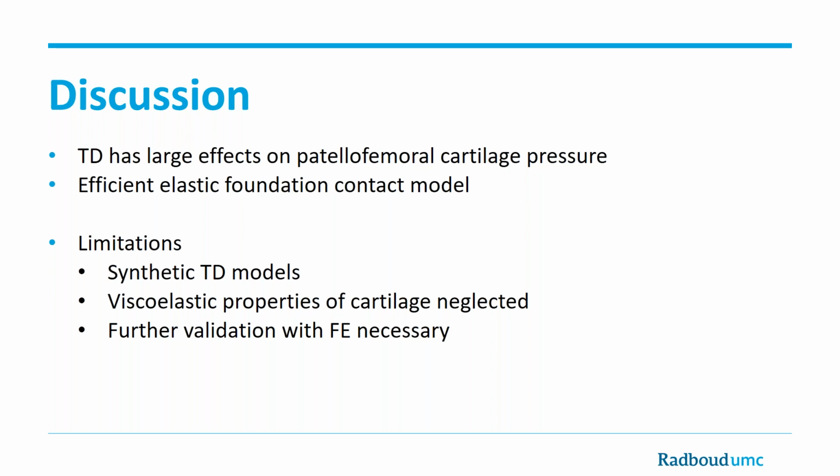And we could also demonstrate an efficient elastic foundation contact model that is completely embedded in an AnyBody model of the lower extremity. As limitations, we have now only synthetic trochlear dysplasia models, and we are seeking to take real patient data into account, so as to account for the real shape of the trochleas.